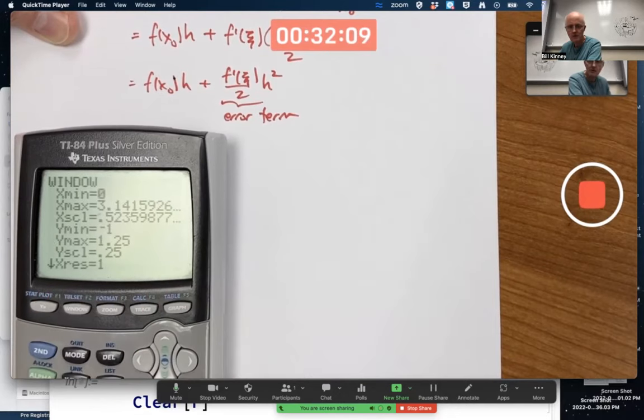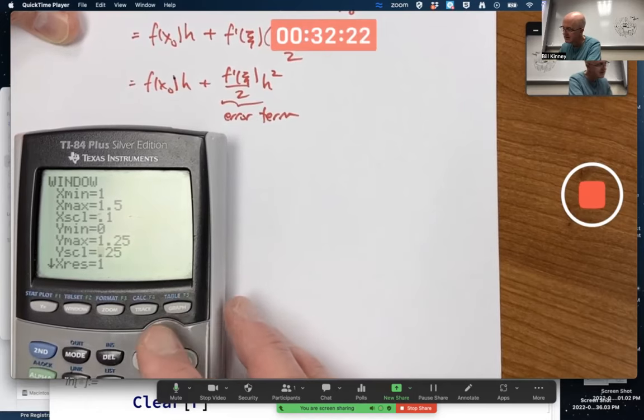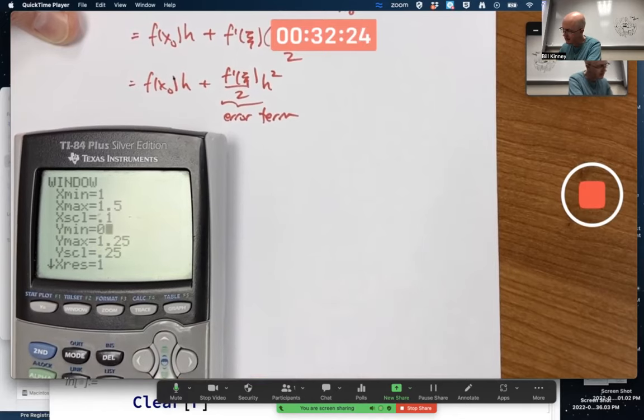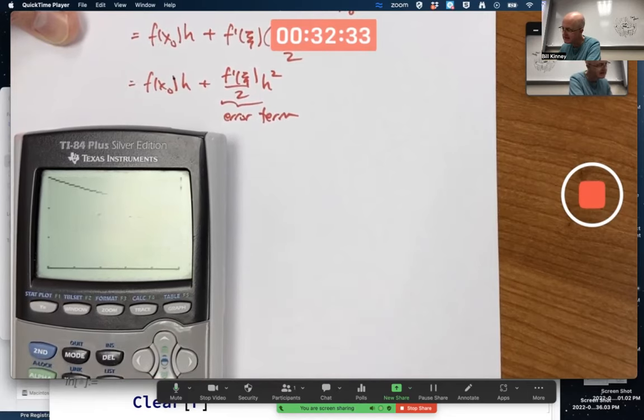For your window, go 1 to 1.5. Maybe I'll keep the y min and y max as you see them here. Oh, no, maybe I should. Let's go 0 to 1. And let's make the y scale be 1/3, actually. Graph it. There it is.